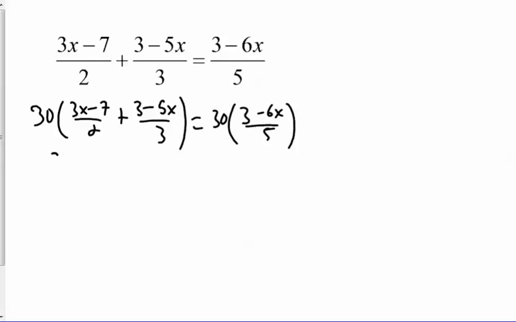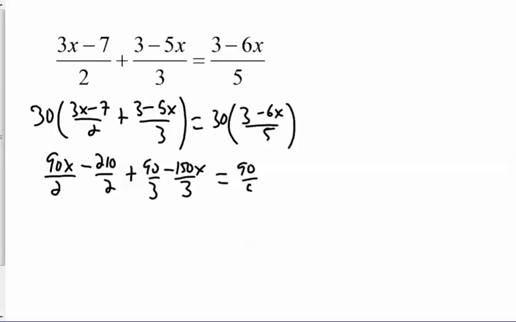here we go. Check it out. You get 90x over 2 minus 210 over 2 plus 90 over 3 minus 150x over 3 is equal to 90 over 5 minus 180x over 5.